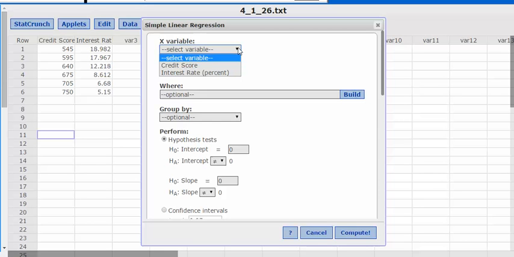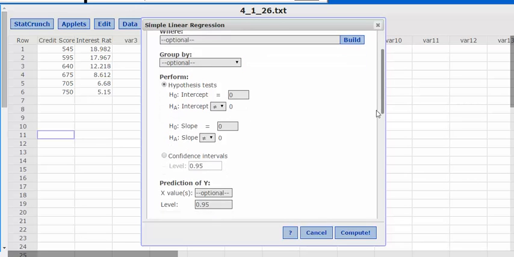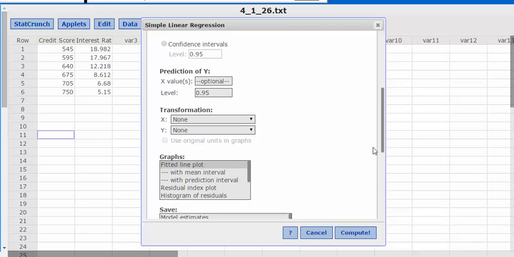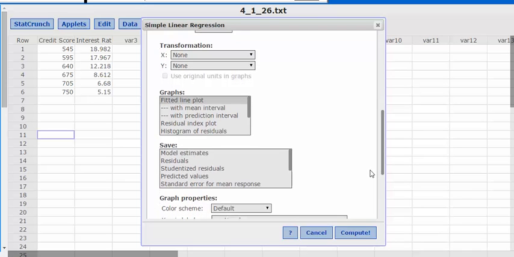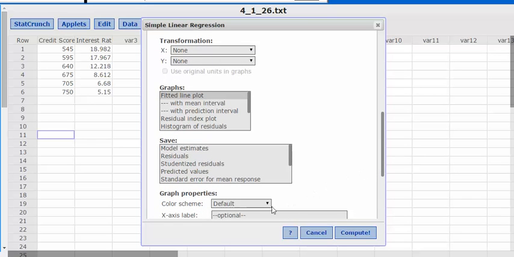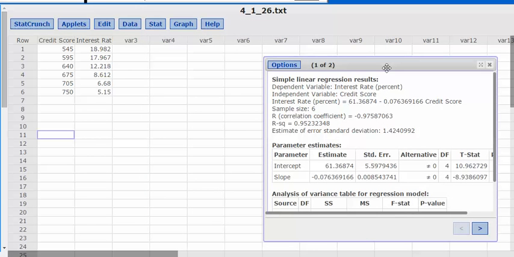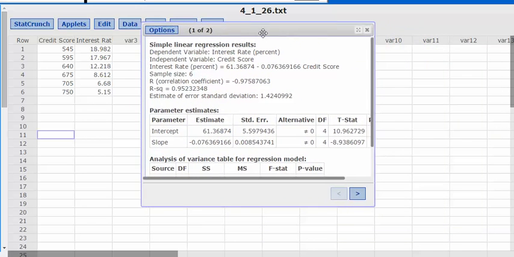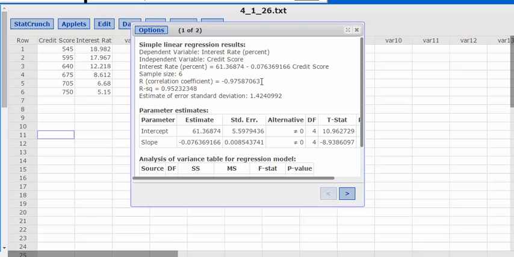Let's make the credit score the x variable and the interest rate the y variable, and that's pretty much it. We could do some other interesting things here, but for now, I will just compute. And we were looking for the correlation coefficient, which is right here.